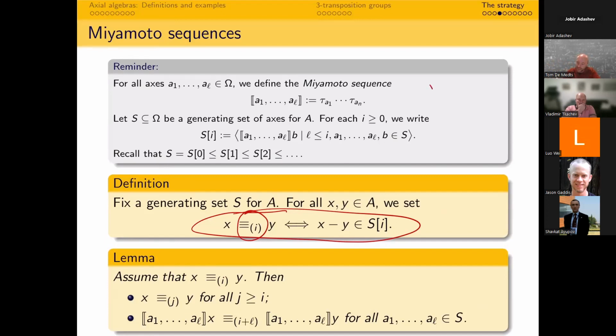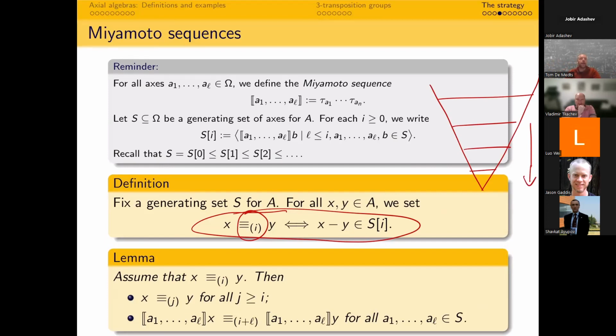You can think of this filtration as larger and larger parts of your algebra, and you're trying to ignore what's below a certain level. You work modulo the level. That's the key trick to get going.